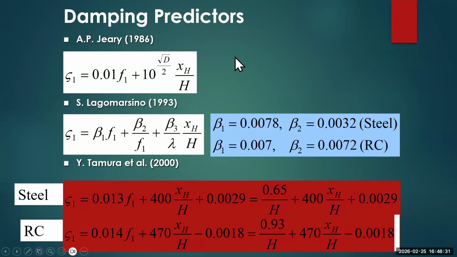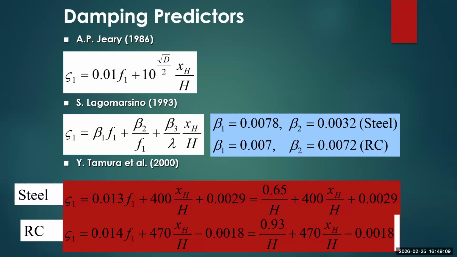The damping predictors were originally produced in 1986 with some induced vibration testing that we were doing, identifying what that damping characteristic would be. It was copied by Lagomarsino in Italy and in Japan as well, in which they basically had a very similar equation to what was produced back in 1986.